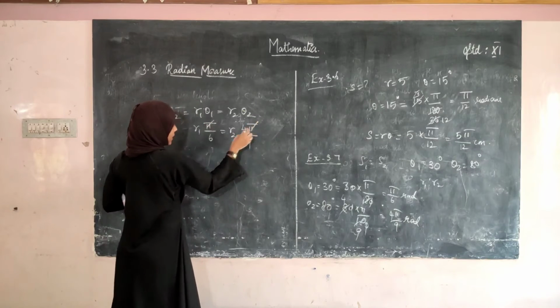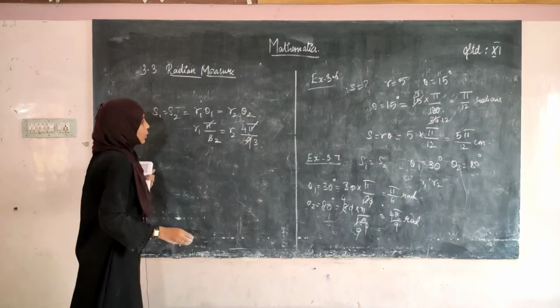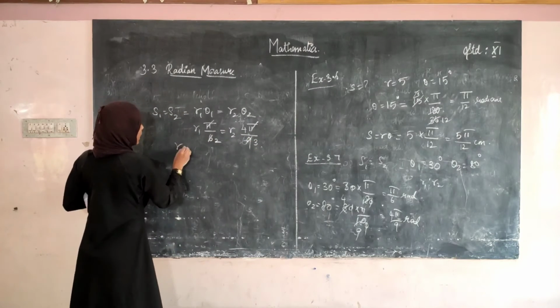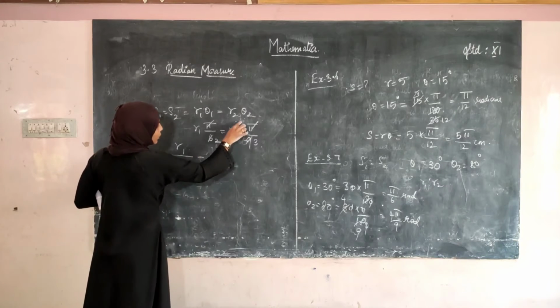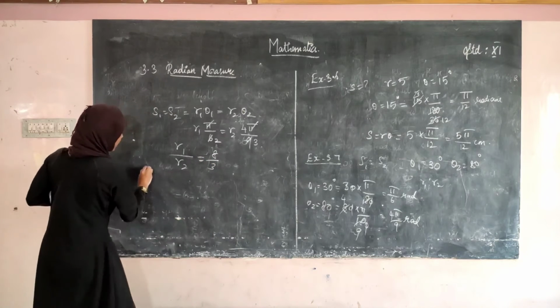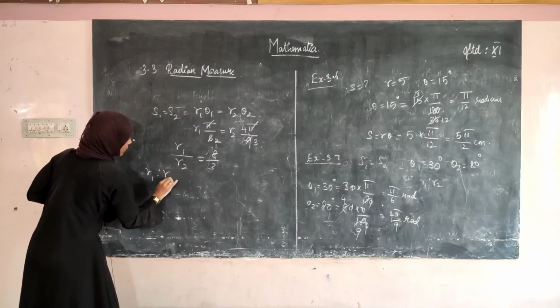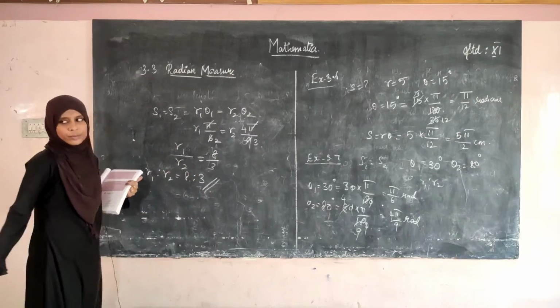Pi and pi get cancelled. This is 2 and this is 3. So bring this R to this side: R1 divided by R2 is equal to, bringing this 2 to that side, 8 divided by 3. So R1 is to R2 is equal to 8 is to 3. This is the required ratio.